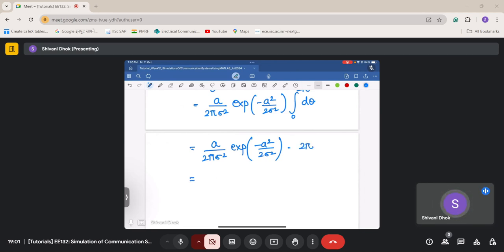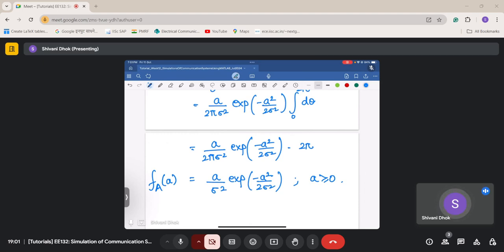So this is therefore f of a little a comes out to be equal to a by sigma square e power minus a square by 2 sigma square, and this is for a greater than or equal to 0. Is it clear? Any questions till this point?